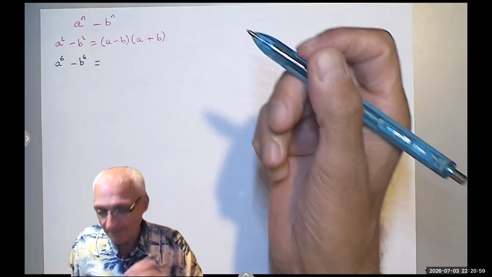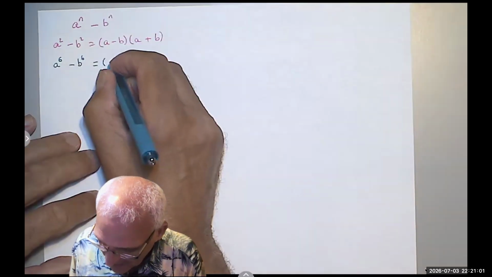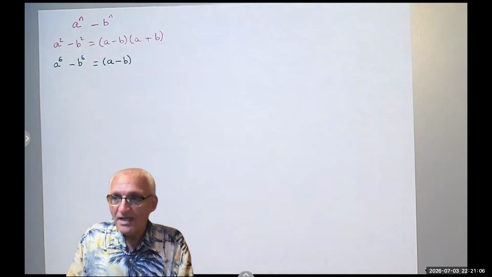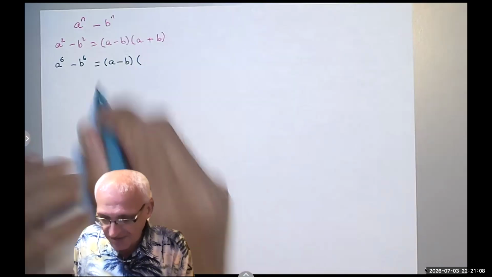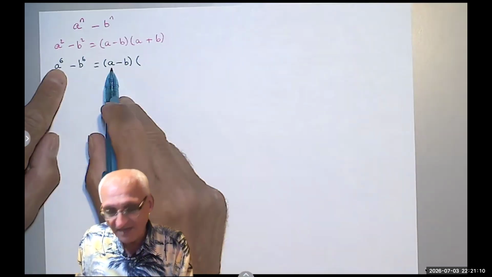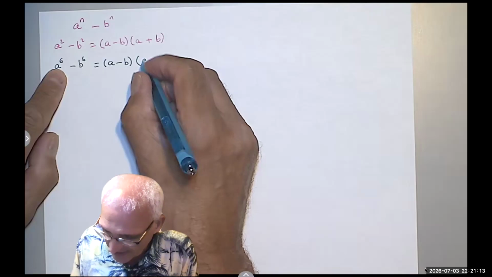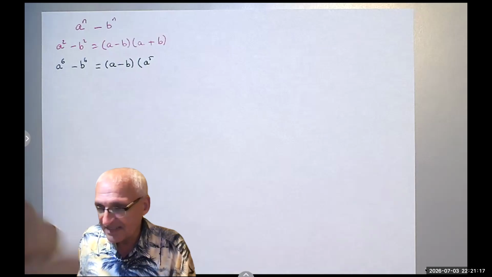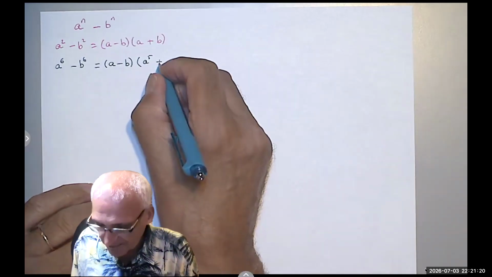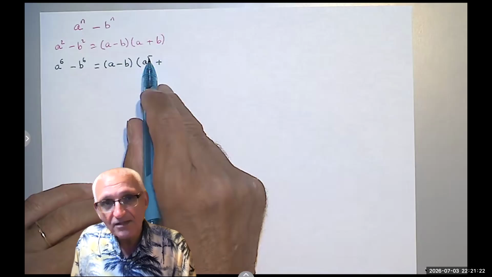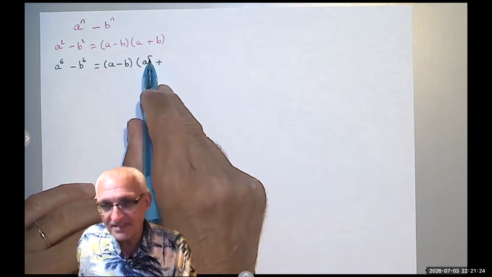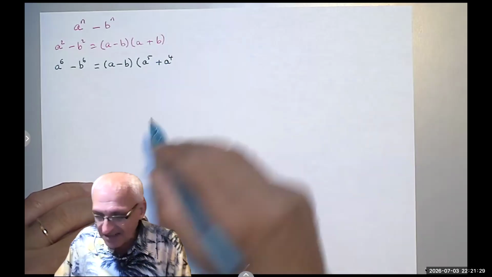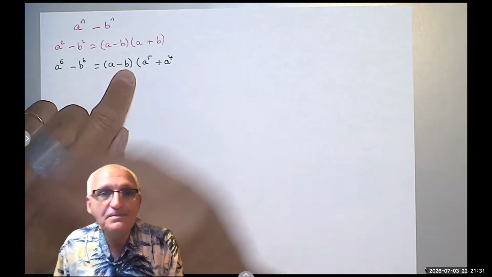Believe me. You will have a minus b always as one of the factors. The other factor, because we started with 6 and we have an a here, the next one would be a to the 5th. See what happens after that. Plus, I will drop 1 from the power of a, so instead of a to the 5th, it's a to the 4th, and increase 1 of the b's power.